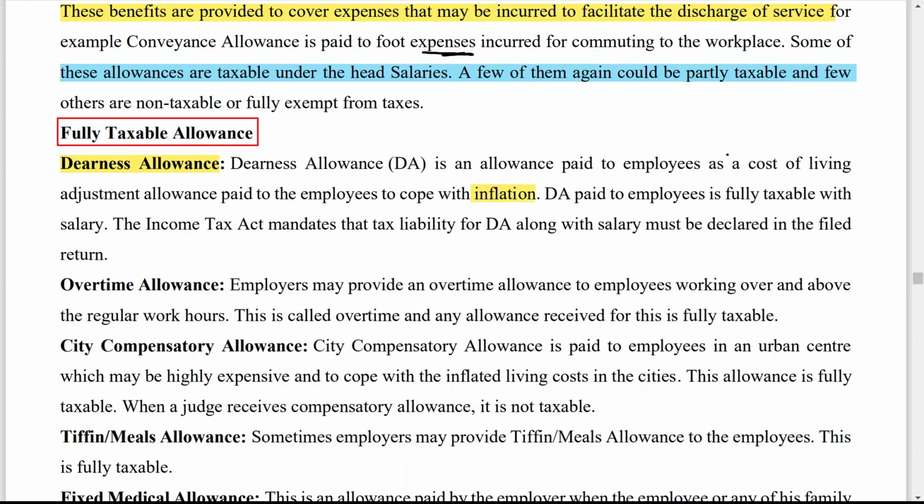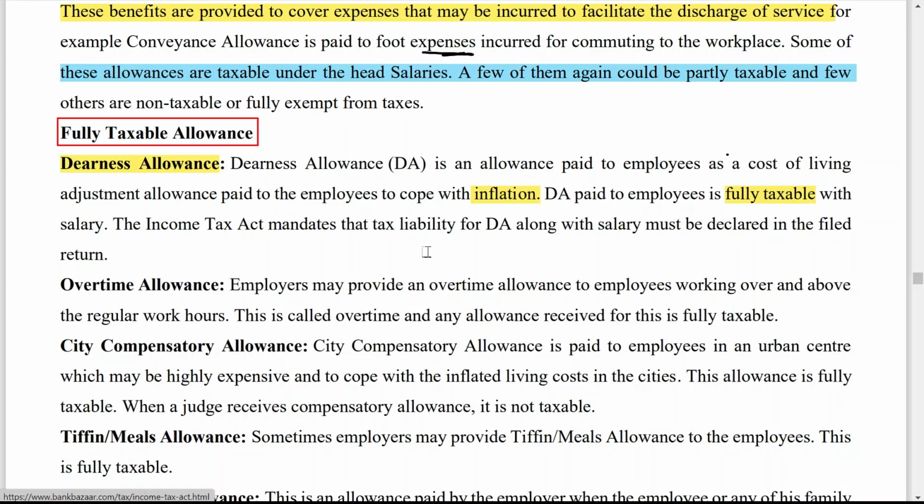So to cope up with the situation of inflation, this allowance is provided to the employee by the employer. DA paid to the employee is fully taxable, and you have to remember that for MCQ purposes also. It is not partly taxable, partly exempted. It is fully taxable with the salary.